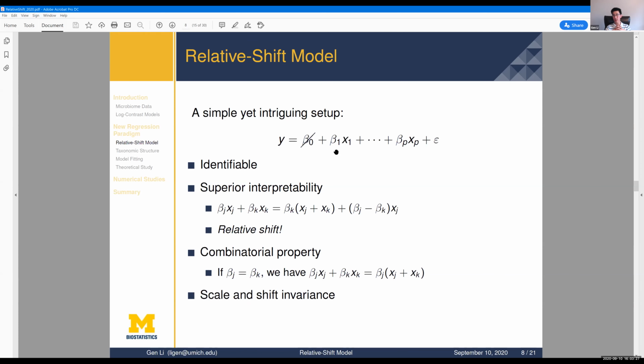So the absolute value does not make sense. What we care about is the relative relation between different coefficients. So when you do the estimation, you get an estimate for each beta, and you always need to interpret them on the relative shift.